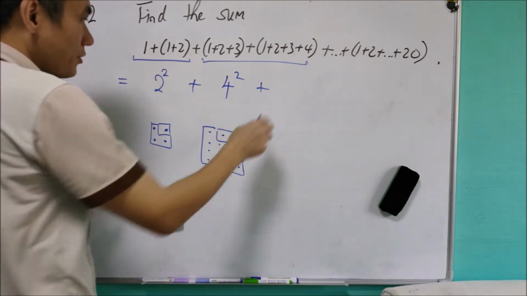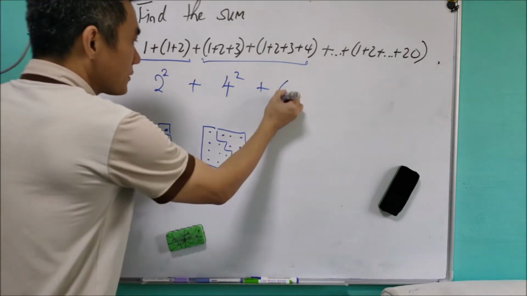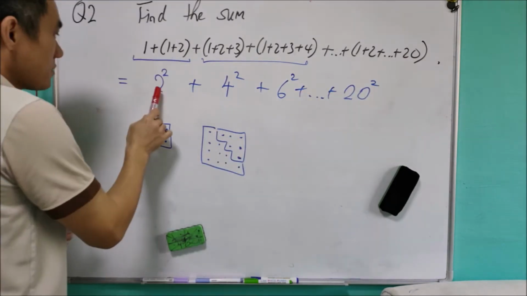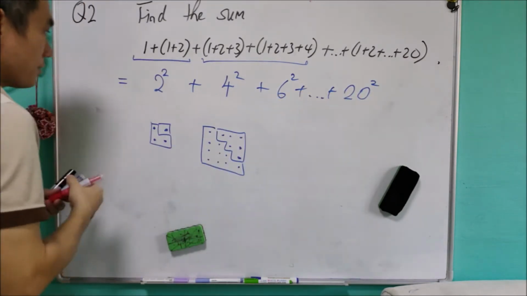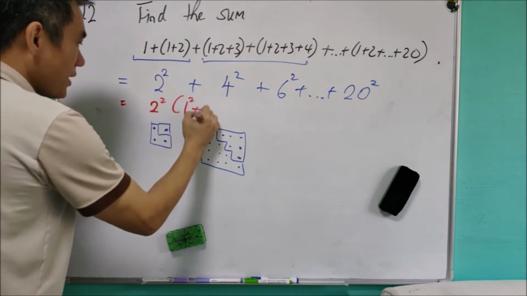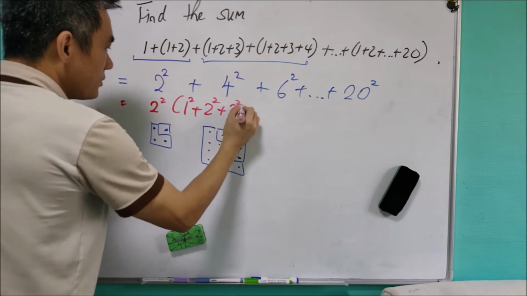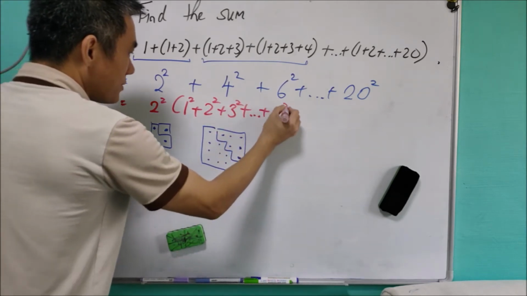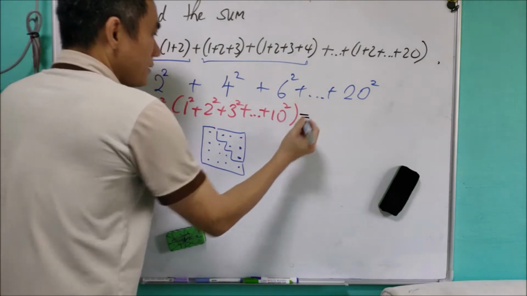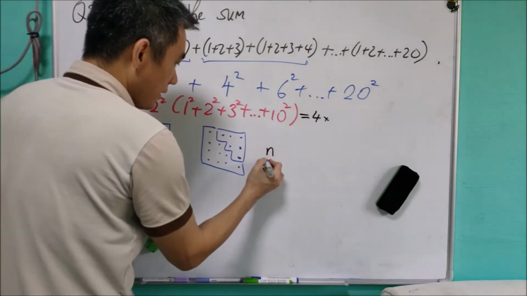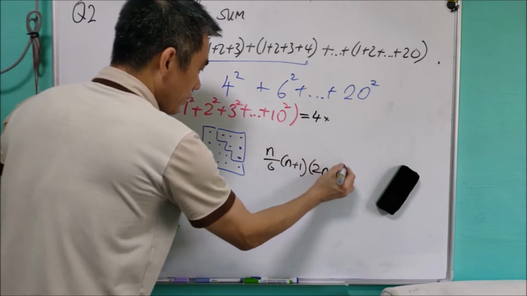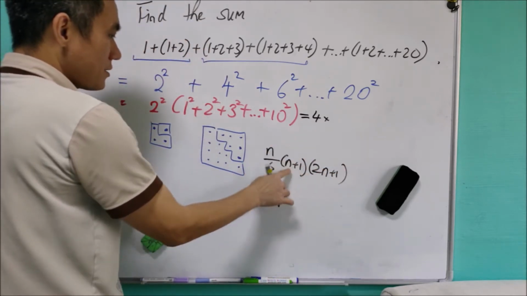And the pattern will follow 6 square plus 20 square. Since each of these is a factor of 2, we can take out 2 square and we are left with 1 square, 2 square, 3 square, all the way to 10 square. So in this case, we can add it using the formula n over 6, n plus 1, 2n plus 1, where n in this case is equal to 10.